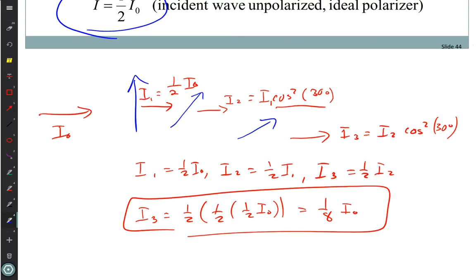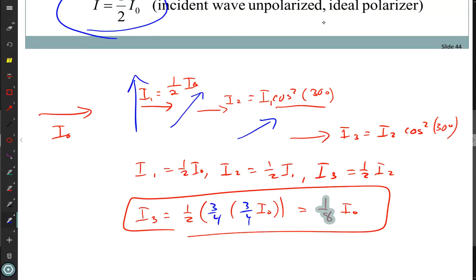Square root of 3/4. So if you square it, it's 3/4. So in that case, it's 1/2 times 3/4 times 3/4, which is 9/32. A lot of people didn't actually look at the angles and just said, oh, it's 1/2 every time, because it had been 1/2 in my example. So this time I changed it to 30, so you remember you have to actually look at the angle between the polarized light and the polarizer.